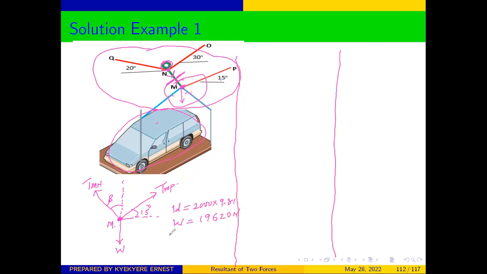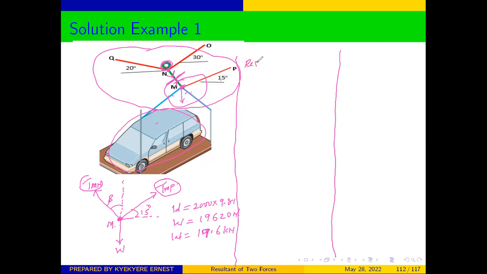Since the value is large, you can convert it to kilonewtons, which will be 19.6 kilonewtons. Then we need to resolve these two forces here, TMN and TMP, since they are not in the X or the Y components. Let's pick them one by one.